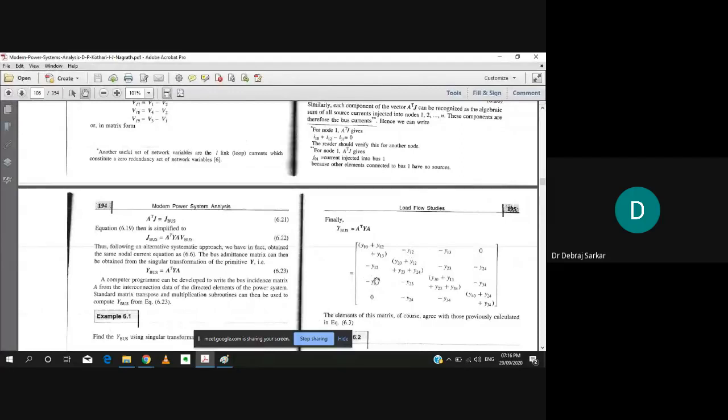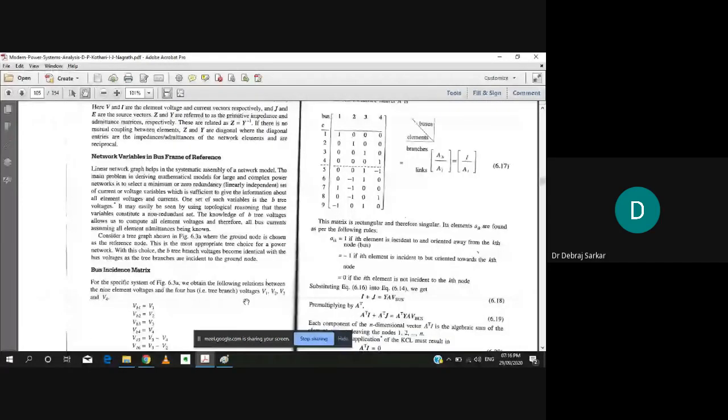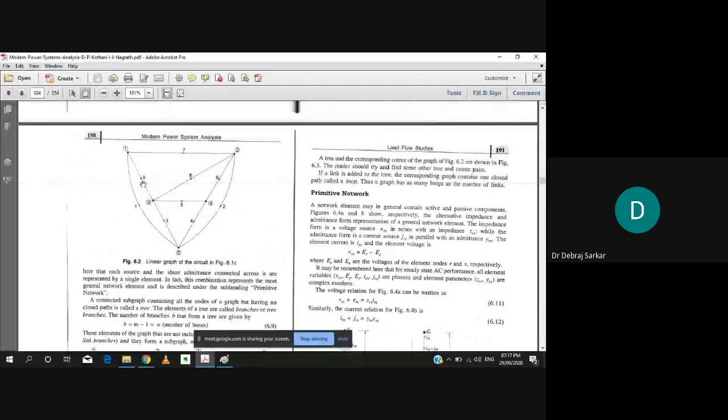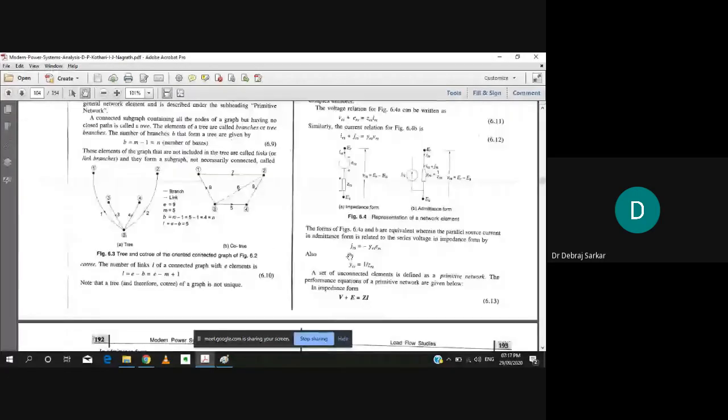Let's say this element is the admittance between node 3 and node 1. 3 and 1. That is element 9. So there is an admittance, so you'll write that admittance with a negative sign.